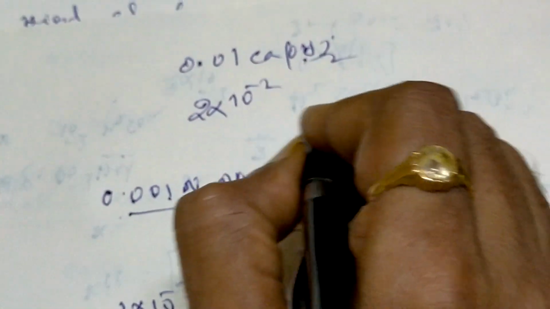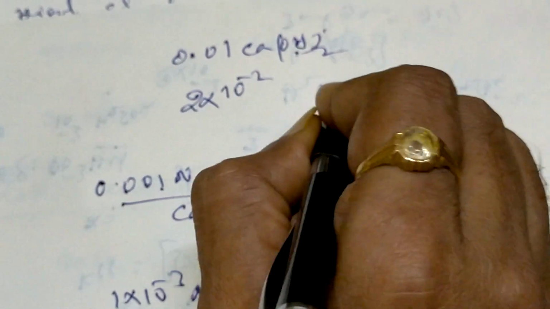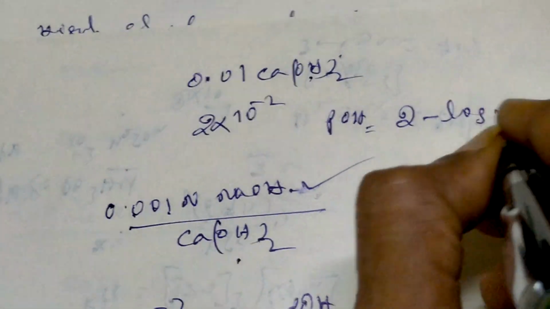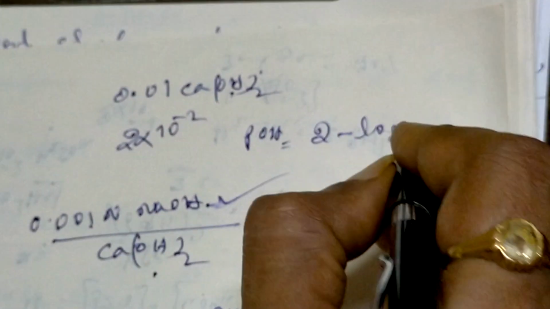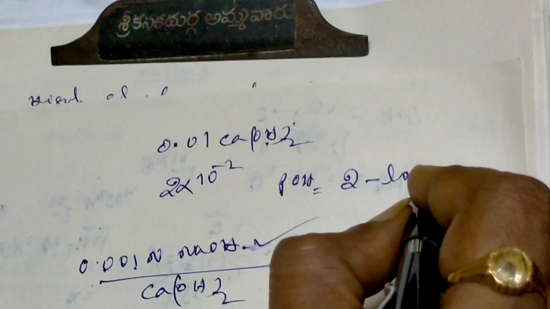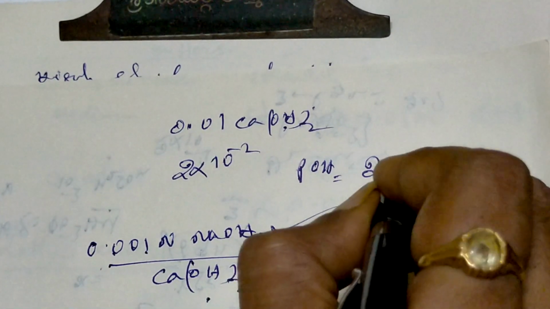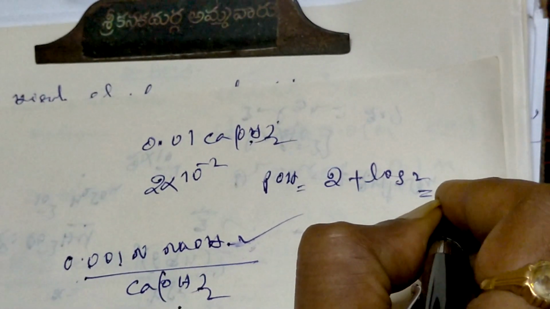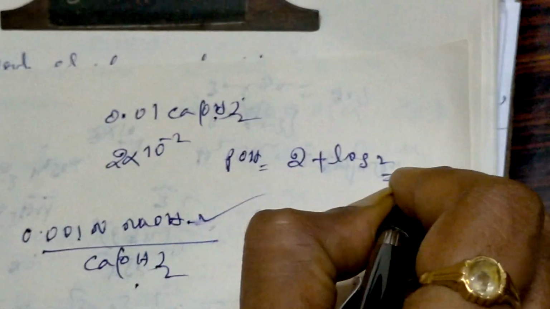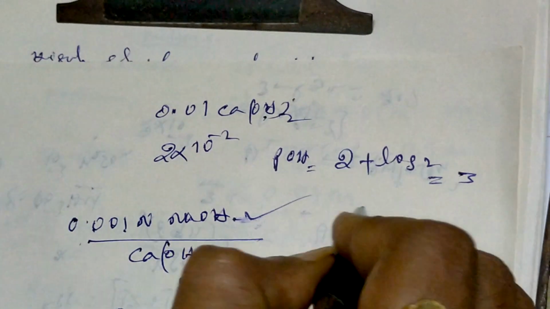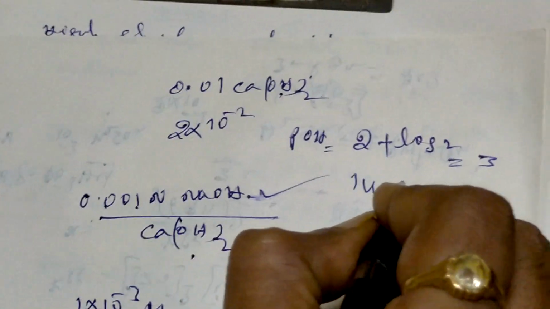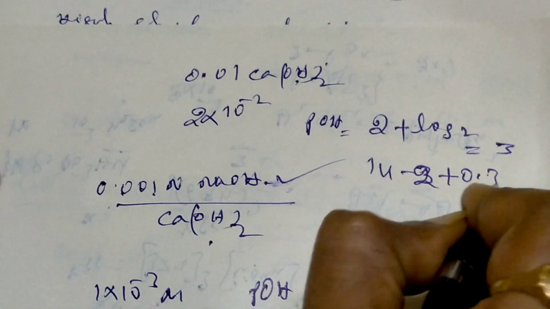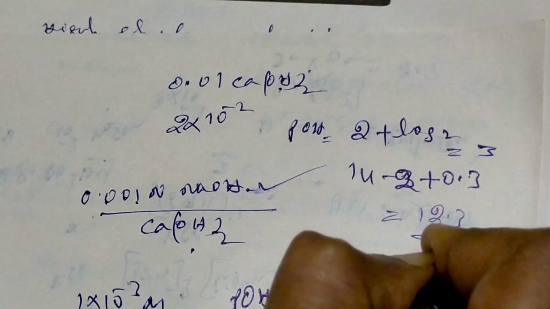That means the pOH is 2 minus log 2, that is nothing but 2 minus 0.3, log 2 equals 0.3. So pOH is 1.7. Then 14 minus 1.7 is nothing but 12.3, the pH.